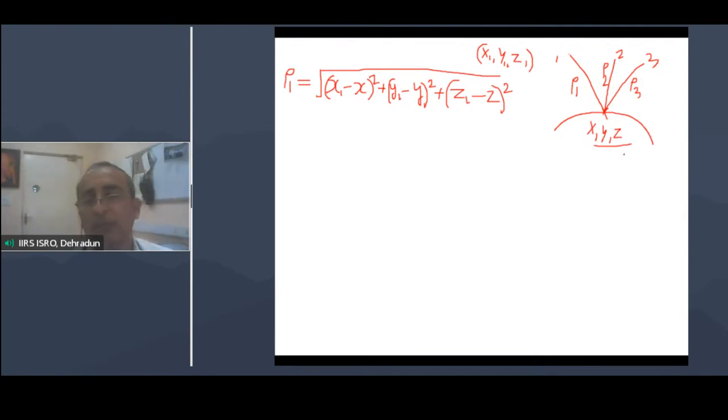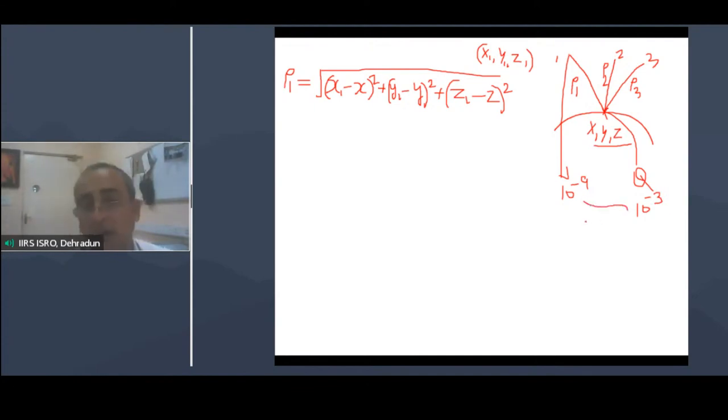But as I told you in my previous lecture, there is a quartz clock in the GPS receiver, and on the satellite there is an atomic clock, which gives time up to 10 to the power minus 9 second, while the quartz clock gives time up to 10 to the power minus 3 seconds.